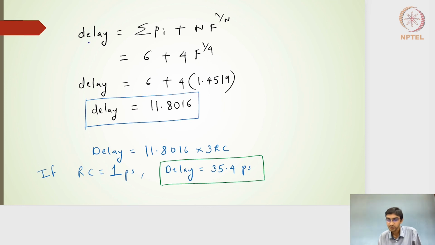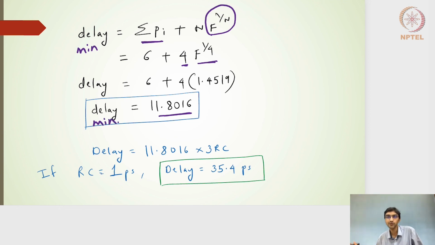The last one: what should be the minimum delay here? I'm going to call this the minimum delay, which will be the summation of p_i plus n into the individual stage effort, f raised to 1 by n. I have 4 stages here, so f raised to 1 by 4, which is 1.5419, which we calculated earlier, turns out to give 11.806 as the minimum delay for that particular path, with a load of 20C and an input inverter gate size of 10.